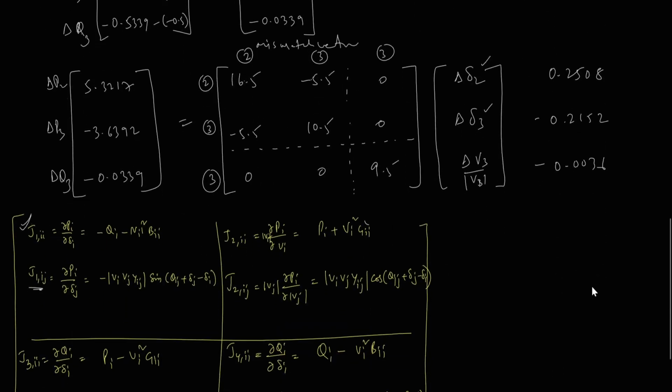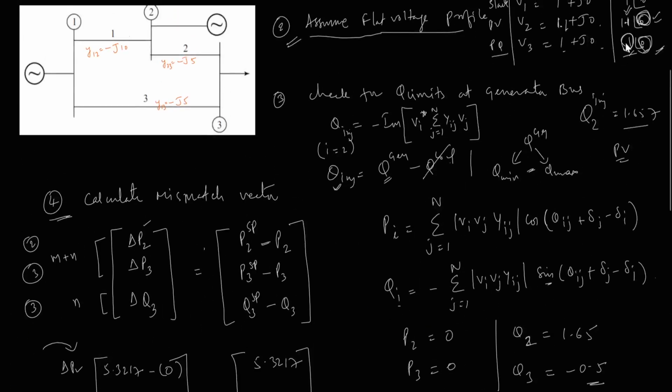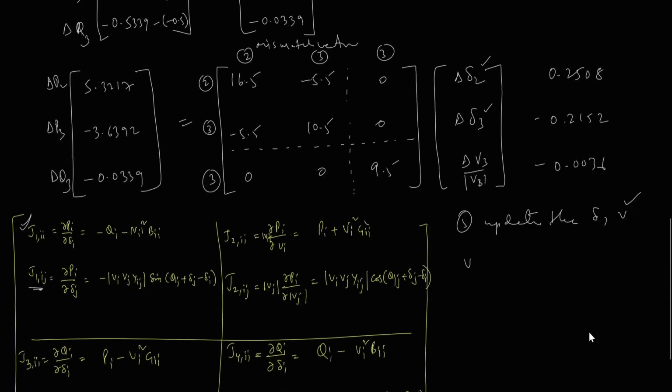The 5th step is to update the angles and voltages. First let us update the voltage magnitude. V3 is actually what we are trying to calculate. So V3 at the current iteration, that is after the first iteration, equals V3 initial value plus what we obtained here, that is delta V3 by V3 magnitude multiplied by the V3 initial value.